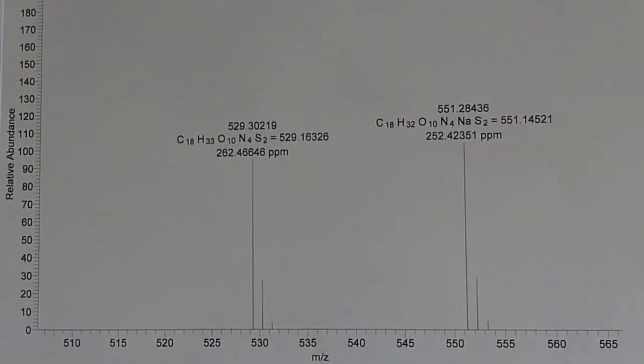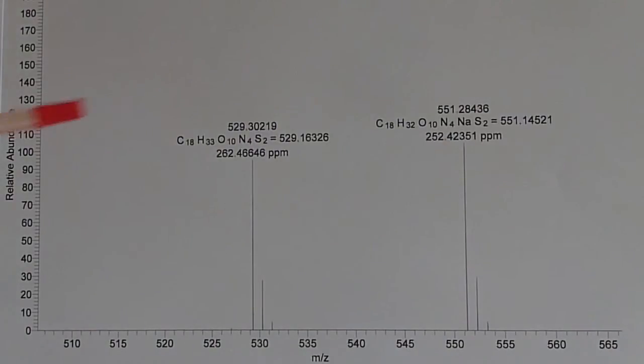particular dipeptide. And if we examine those higher mass clustering peaks for presumed composition of methionine-aspartic acid, our experimental data was 529.30219.